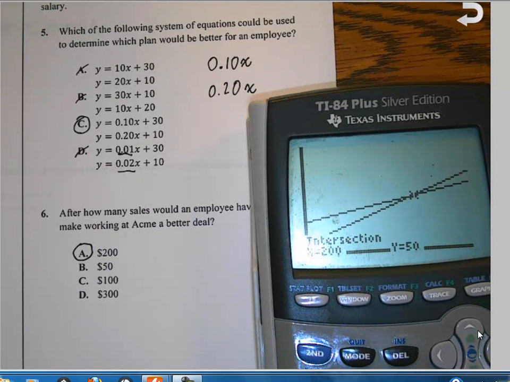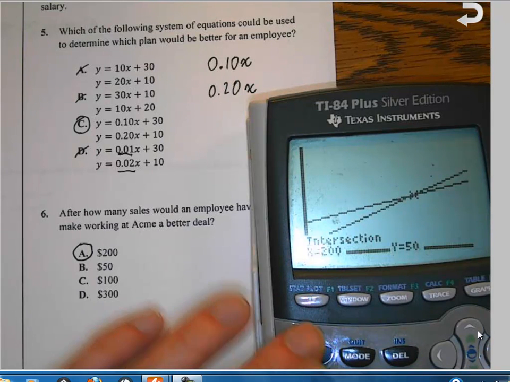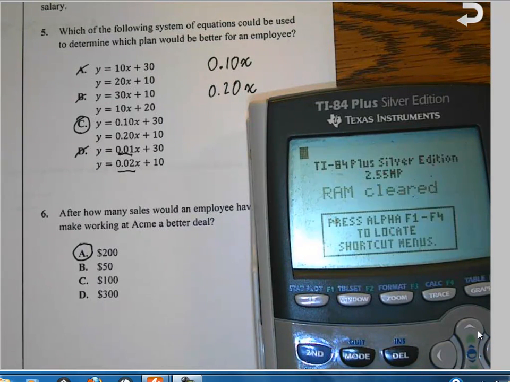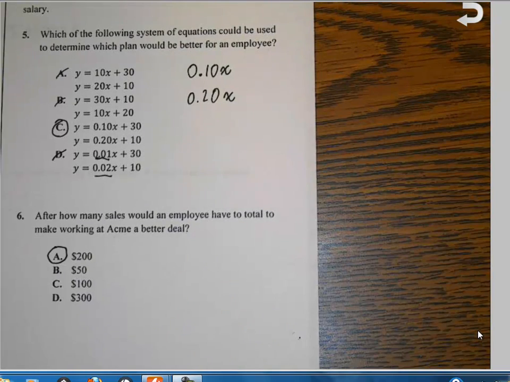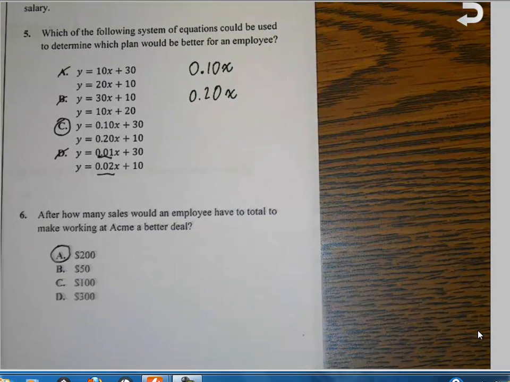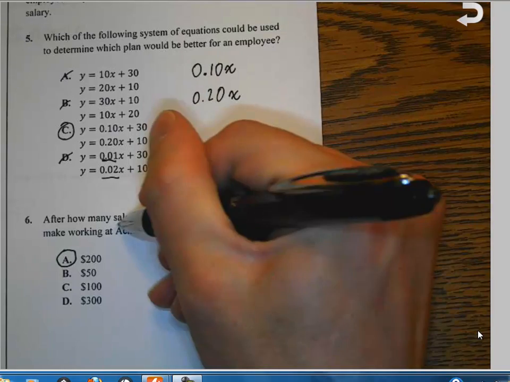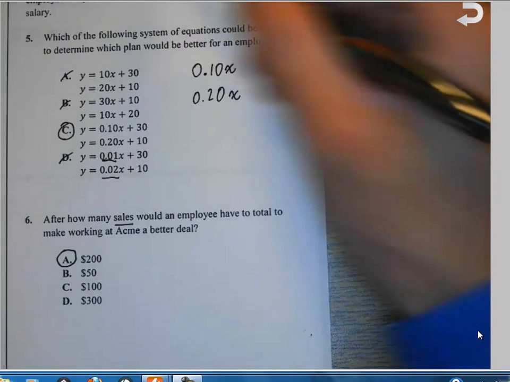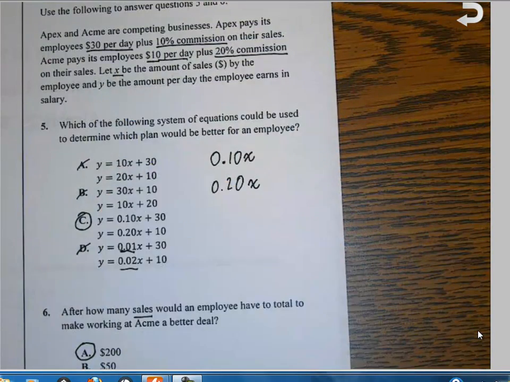The trick was, did you know that you were looking for the point of intersection? And did you know that you were looking for the sales, which was clearly identified in the previous prompt as the x?